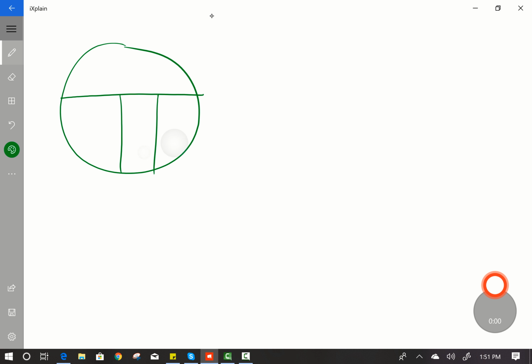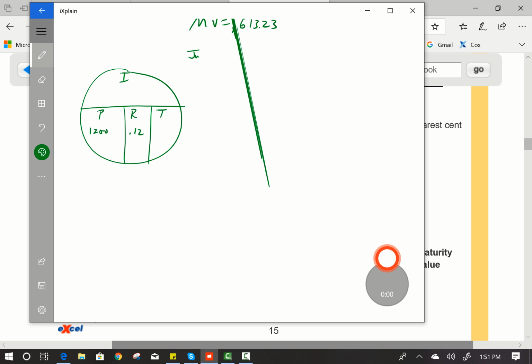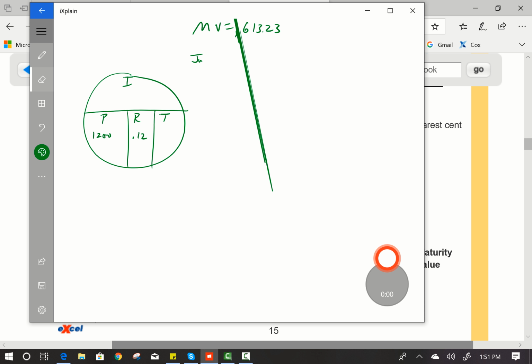Okay, then number 6. This particular problem, the principal is $1,200 and the rate is 12%, and then the date borrowed is July the 7th.